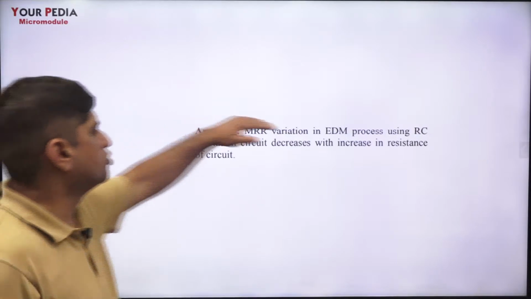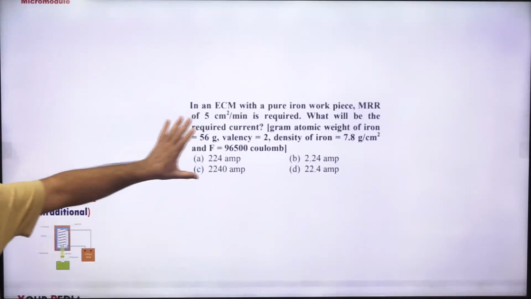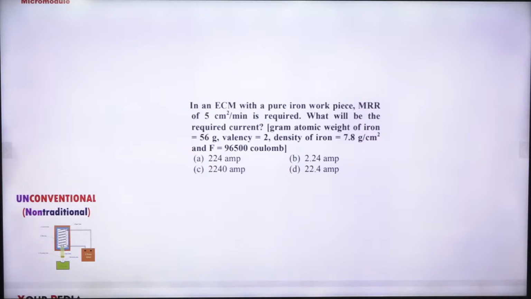If you increase the resistance of the circuit, the variation in material removal rate will be less. Obviously it becomes more stable and smooth as far as material removal rate is concerned as resistance is increased in the RC circuit. So the RC circuit is very important for electric discharge machining. You should know the impact of the RC circuit on material removal rate variation in EDM. Then you can expect one question from this particular numerical, and you have done this numerical in GATE kind of exams also.